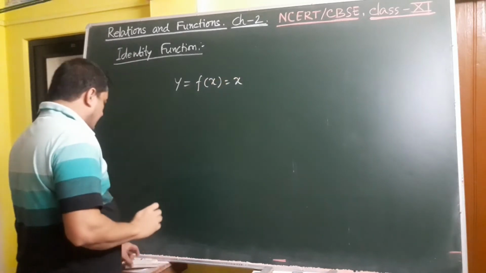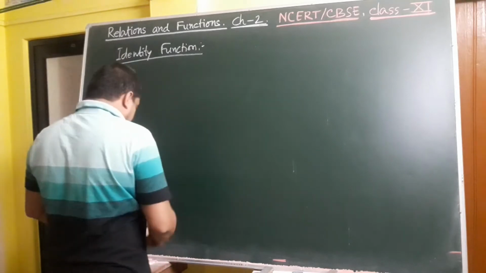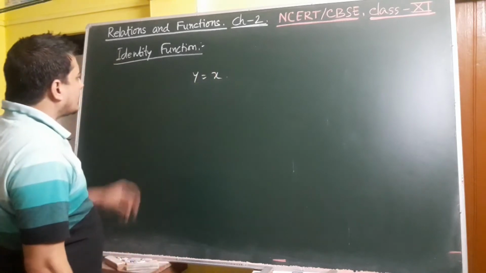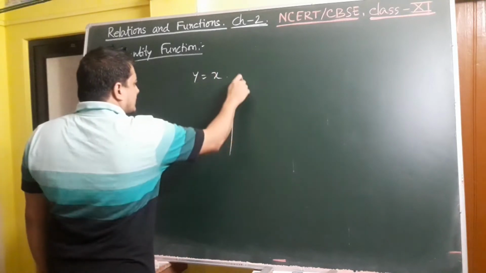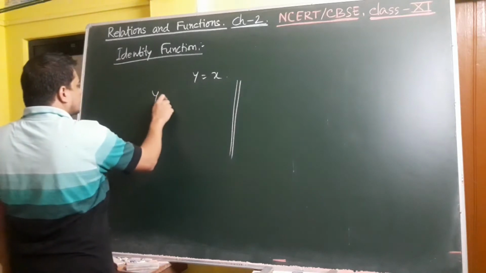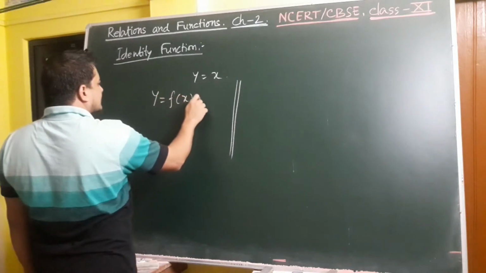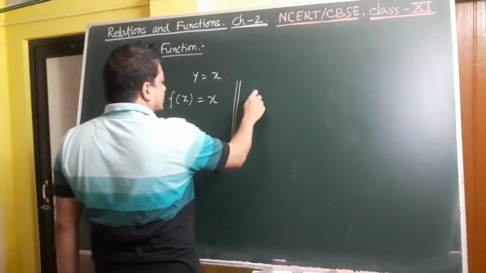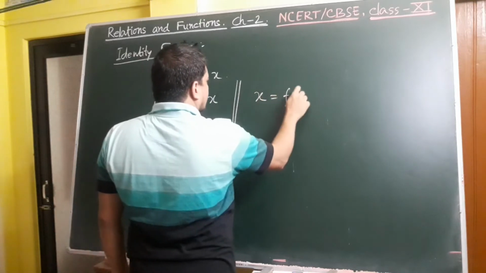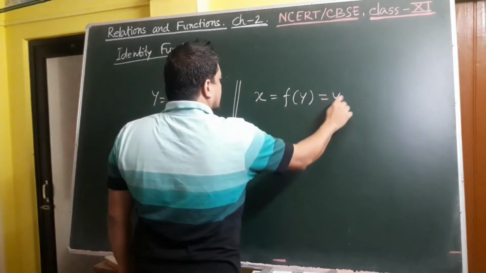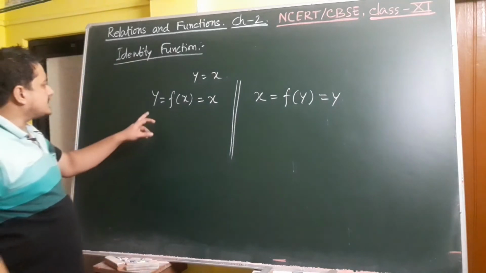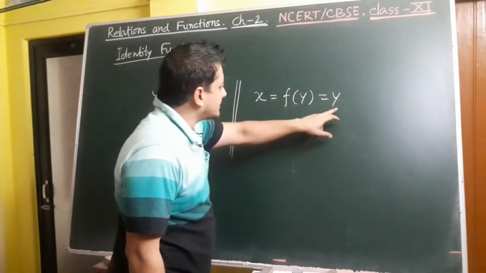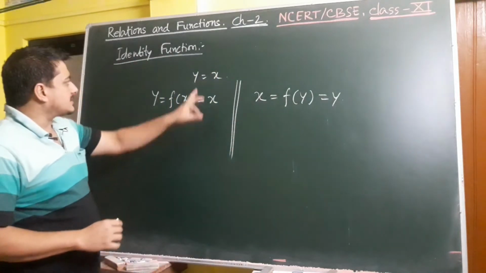If I write an equation, say y is equal to x, I can write this equation in two different ways. y is equal to f of x is equal to x. I can also write this equation in this way, f of y is equal to y. Now you see, this is a representation of this equation. This is also another representation of the same equation.